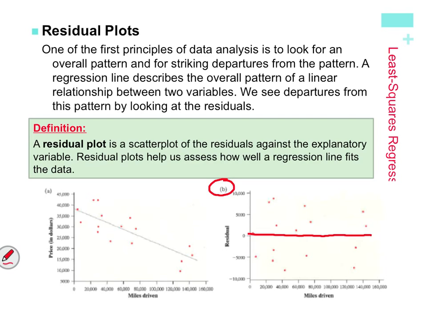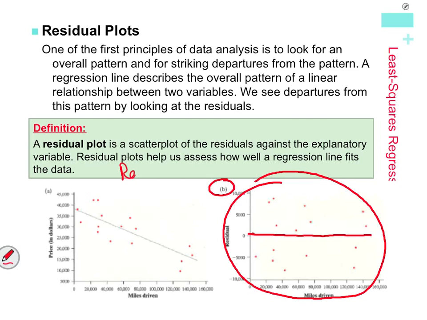I see absolutely no pattern going on in this residual plot. To me, this appears to be random scatter. Random scatter on a residual plot would imply that there's no pattern in your leftovers, in your residuals.